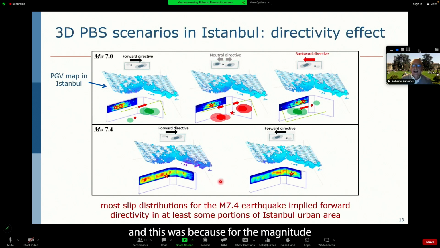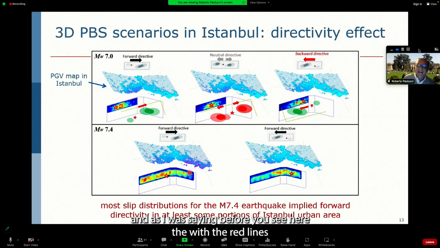And this was because for the magnitude 7.4, all three branches into which we have subdivided the North Anatolian Marmara Sea fault were actually activated.